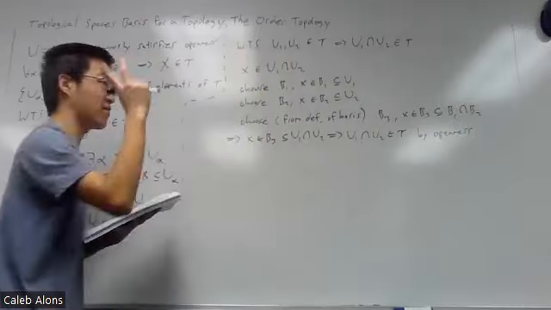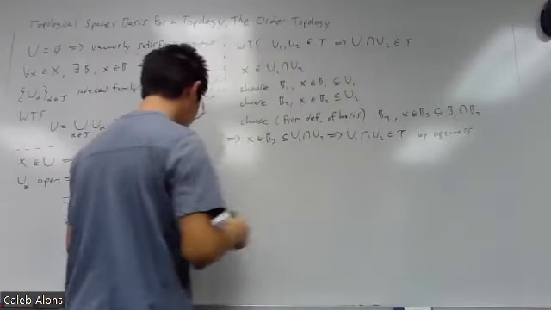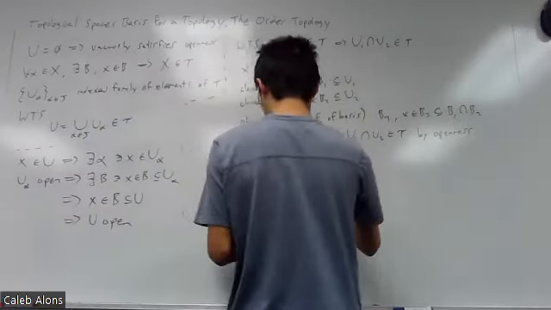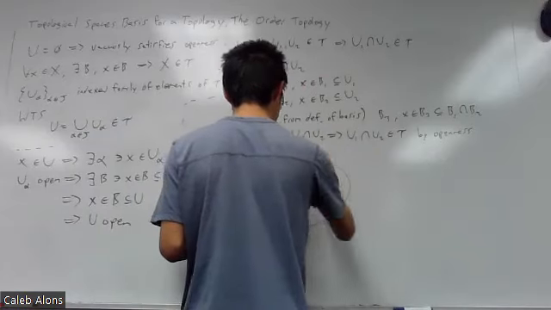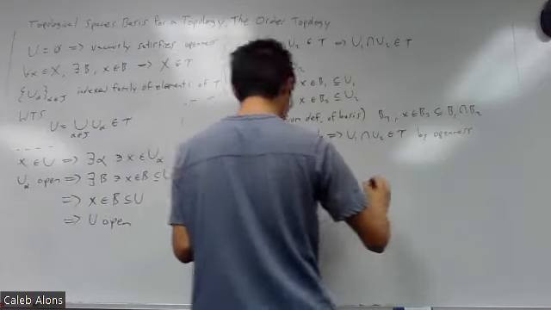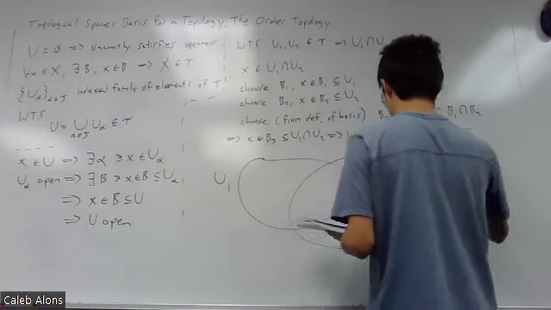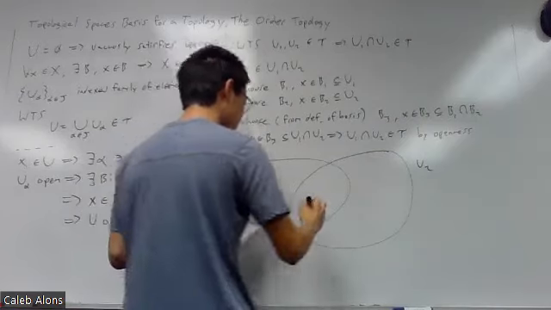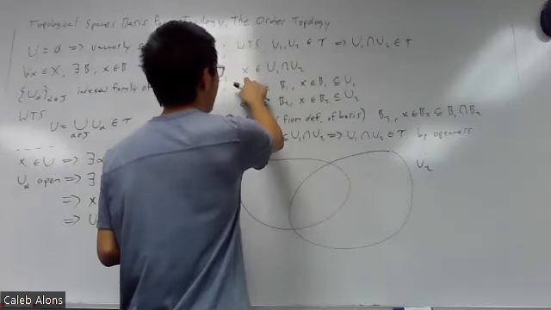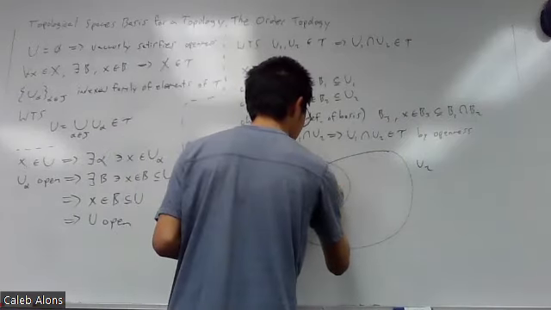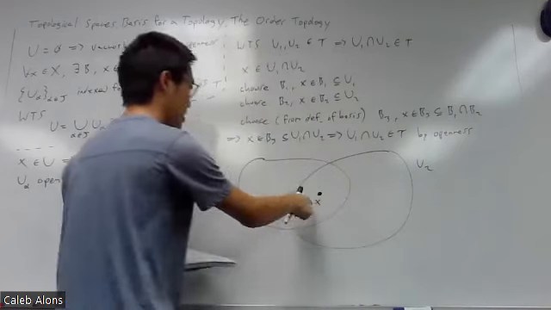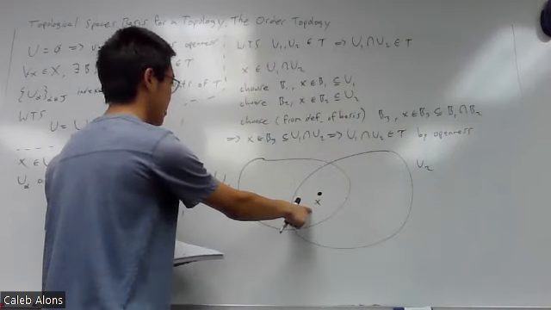If we have just two, then visually, here's U1, one of the subsets in the topology, and here's another subset in the topology. And so here's the intersection. We can choose an X that's in U1 intersect U2.